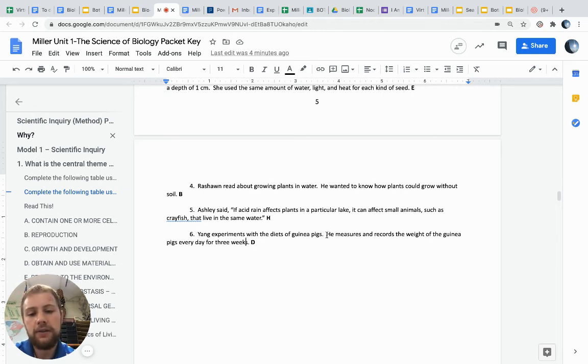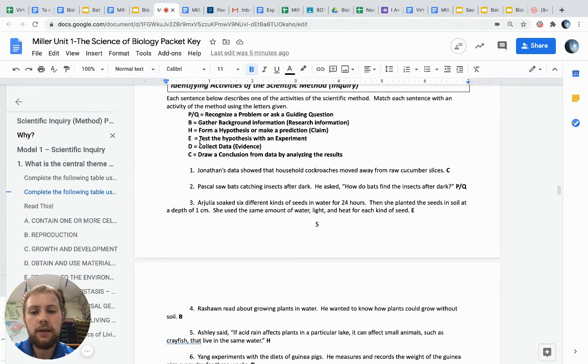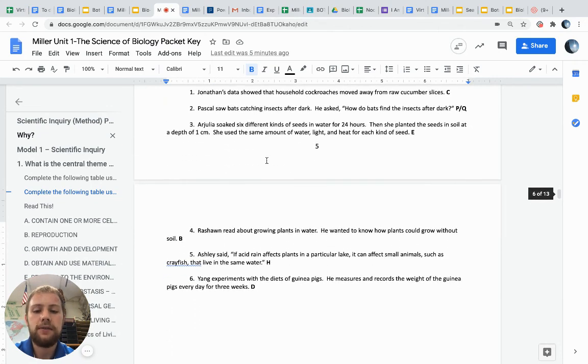The focus of this statement is on the measuring and recording of their weight. So the data that he's collecting on our guinea pigs every day for 21 days or 3 weeks. So I would consider this one to be D, collecting data or evidence.